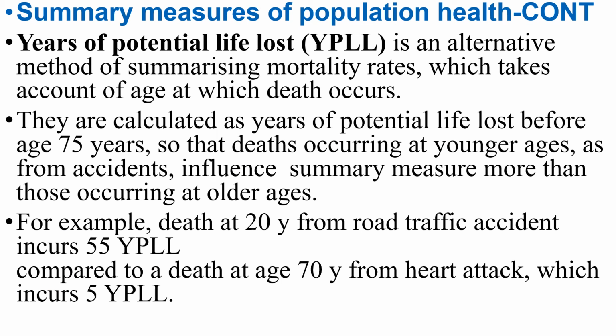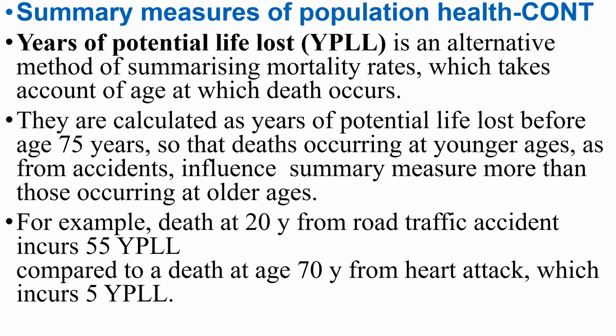Summary measures of population health: continued, years of potential life lost. YPLL is an alternative method of summarizing mortality rate, which takes account of the age at which death occurs. They are calculated as years of potential life lost before age 75 years, so that deaths occurring at younger ages, as from accidents, influence the summary measure more than those occurring at older age.